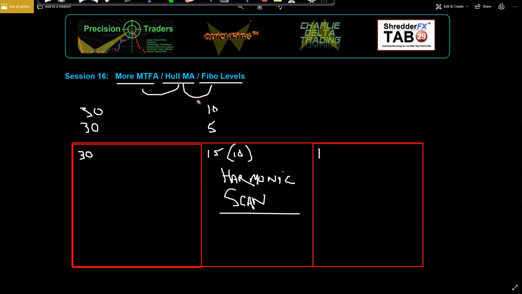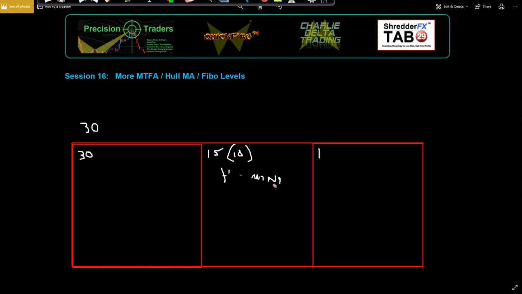So with that, let's talk a little bit about our multiple time frame analysis in the setup that we normally have for precision trading, which is the tab 29 setup: 30, 15, and 1. If you're an old Shredder trader and you're in here, you need to get used to 15 instead of 10 in the middle.